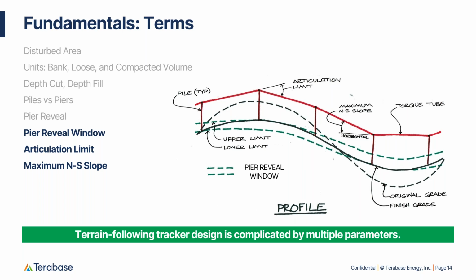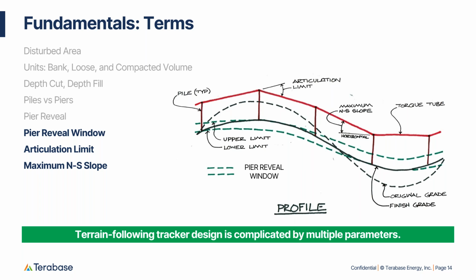All right, so this one is one of the more fun ones to talk through. We have a few definitions here. If you look at the profile that's drawn on the screen, we have a dashed line that shows what the original grade is.